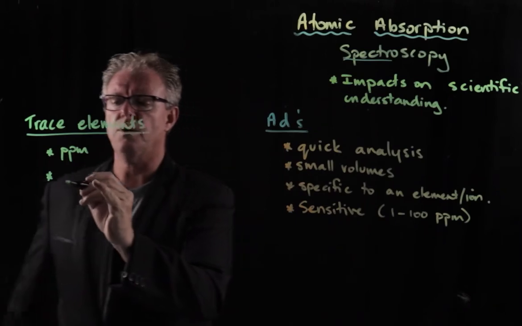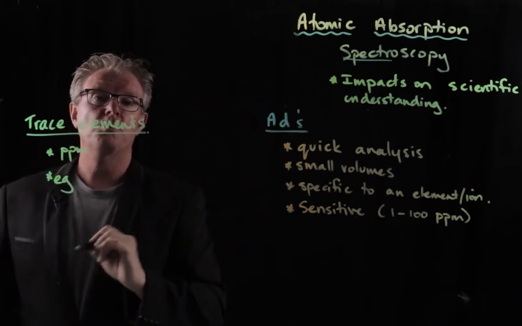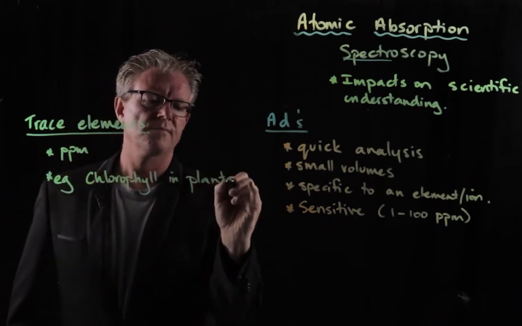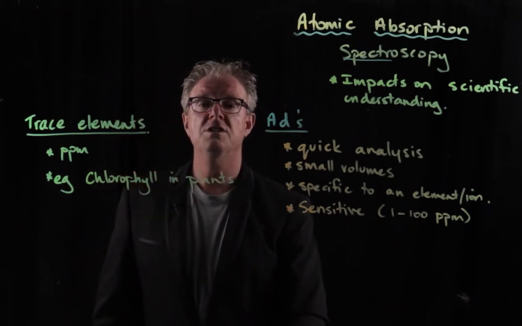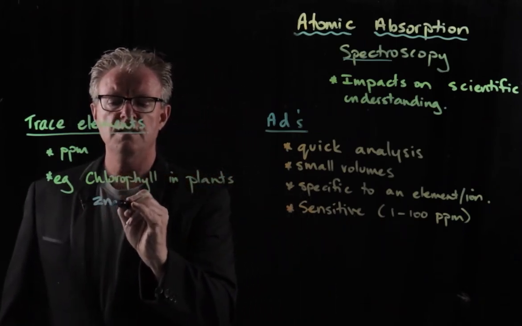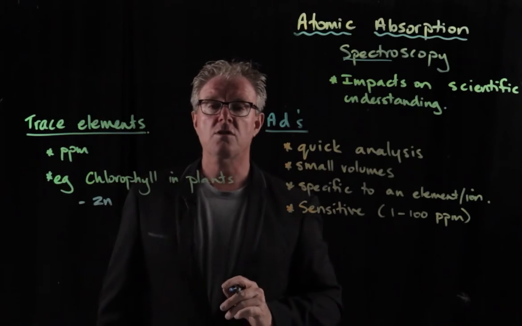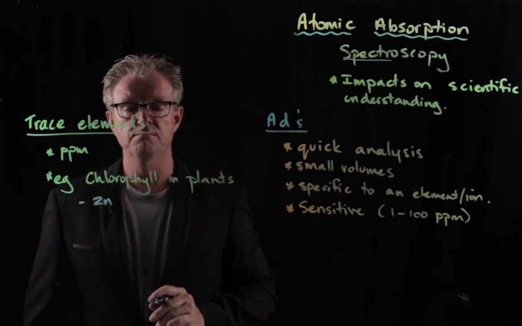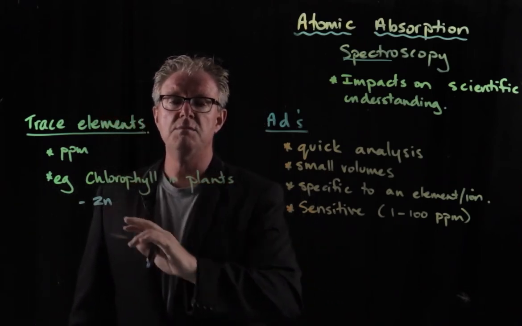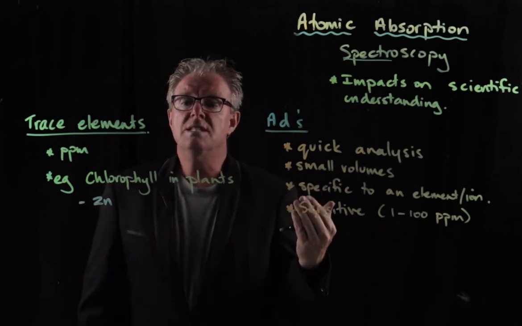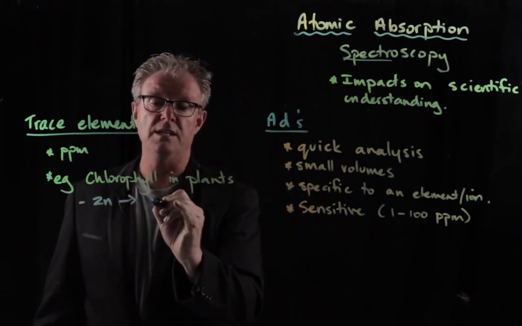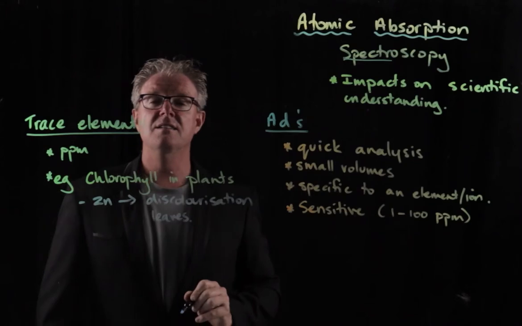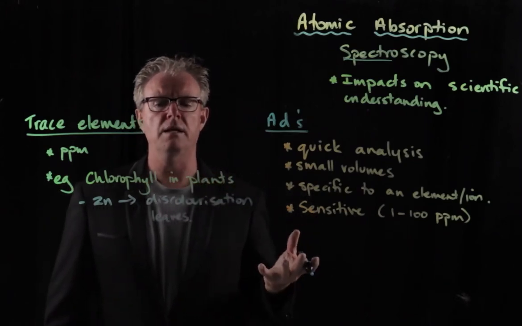An example would be chlorophyll production in plants. For proper chlorophyll production, you need zinc. Zinc is used in the production of the chlorophyll molecule, and it needs to be present in a certain quantity, otherwise you have discoloration of leaves. And that can affect the photosynthetic ability of plants.